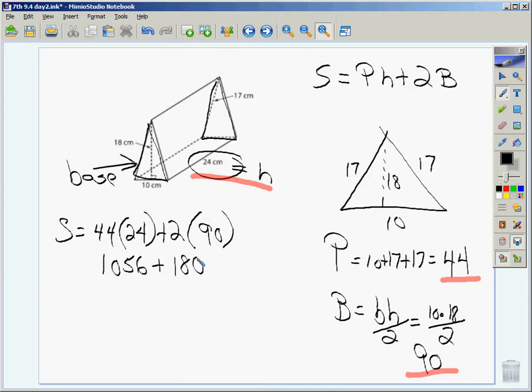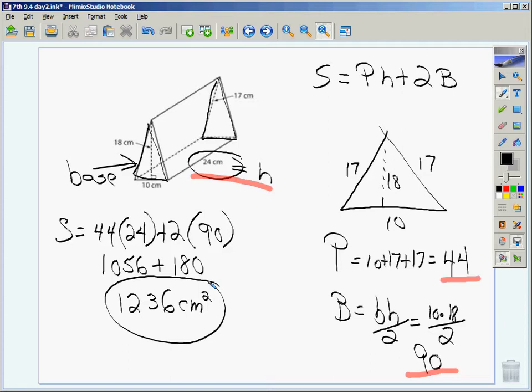And I'm going to add 180 to it. 1,236 centimeters squared. What is it? 1,236 centimeters squared. Again, the same process. I write down the formula.